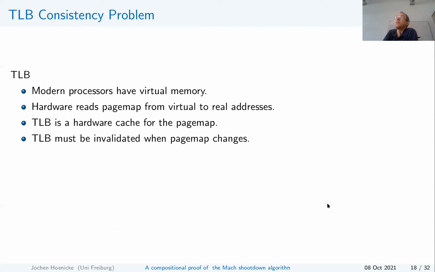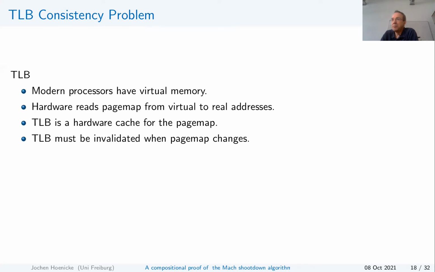To explain what this algorithm is about, we need to understand TLBs and the TLB consistency problem. First, modern processors, even in 1989, have virtual memory. This means that the programs that run on the processor think they have a contiguous area of memory where they can write and read from, but the physical memory is really scattered around, and the operating system is moving it between main memory and hard disk, swapping out pages and swapping them in, in a transparent fashion.